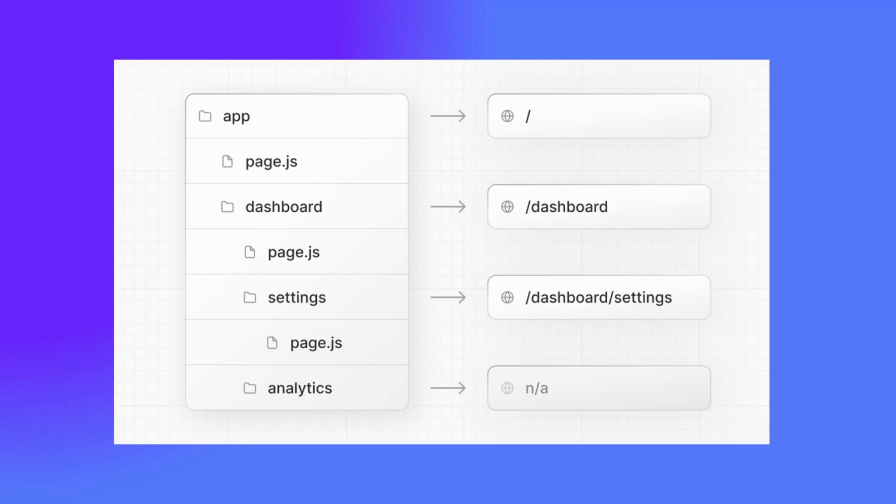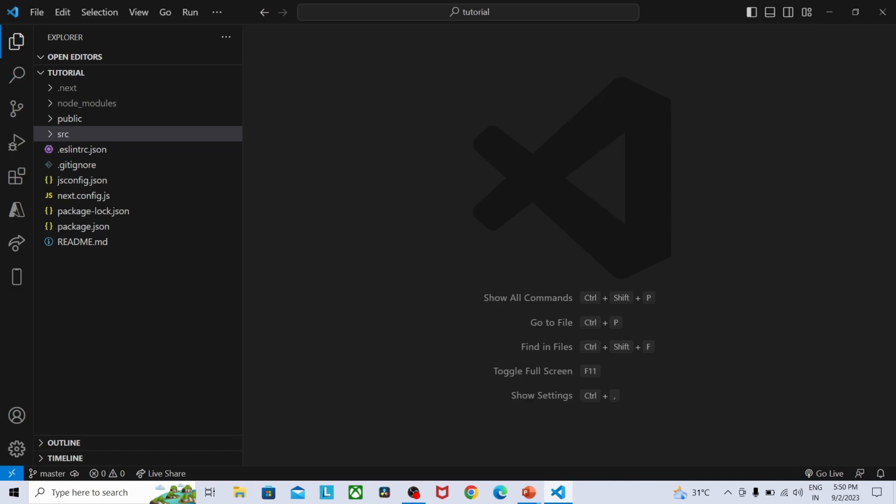In a way, this dashboard will be publicly available for routing and accessible. And next, I will create a setting folder as a nested file so we can create a nested routing. So we know the clear idea about what we are going to implement.